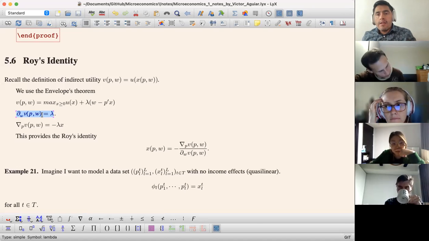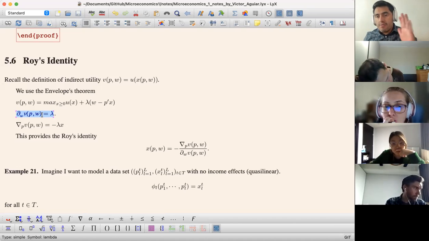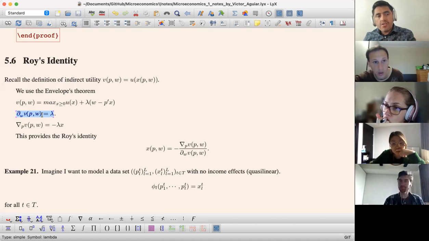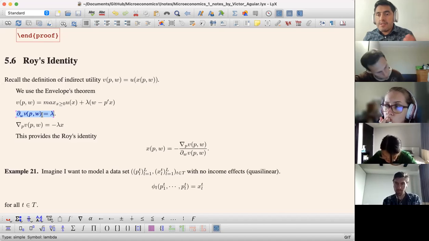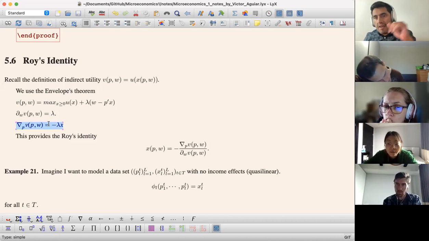Excellent. Okay. And as you can see, lambda was strictly positive. We assume from now on that it's strictly positive, so the marginal increase in the utility is strictly increasing in income. But the second derivative instead can be strictly negative or zero, if x is zero, hence it is not increasing in price.